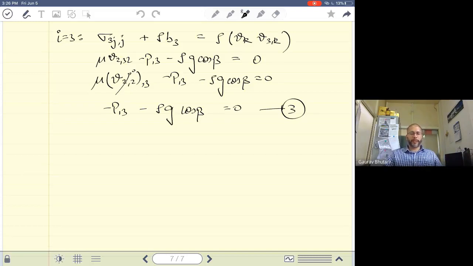Okay, so we have successfully written the 3 momentum equations in a simplified form. So the way we'll start is we'll first calculate the pressure field. It's easiest to see that we can calculate the pressure field from equation number 3, so we'll integrate that.